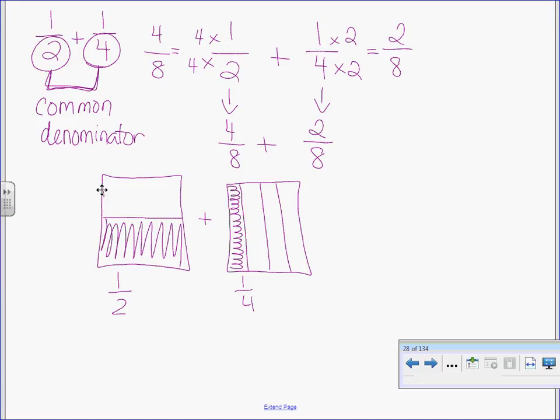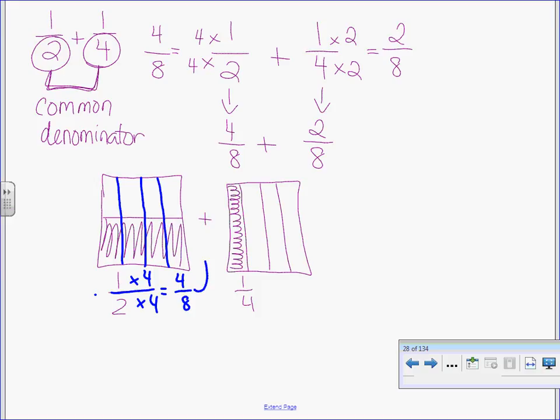So I want to do the same thing to this half box that I did to the 1/4 box. What did I do before I shaded anything in? I drew how many columns? 4 columns. So 1, 2, 3, now I have 4 columns. So I'm multiplying by 4, and there I get 4 eighths.